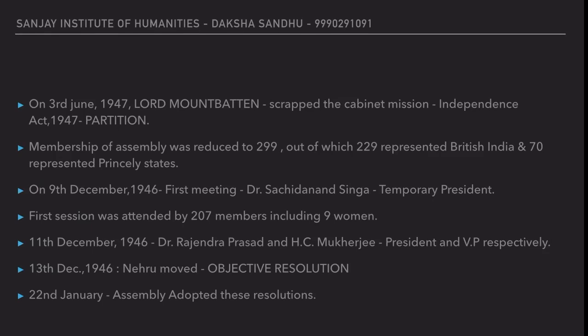These were the basic ideals involved in the objective resolution, which was a proposal moved by Jawaharlal Nehru on 13th December 1946. And finally, the Constituent Assembly adopted this resolution on January 22nd, 1947.